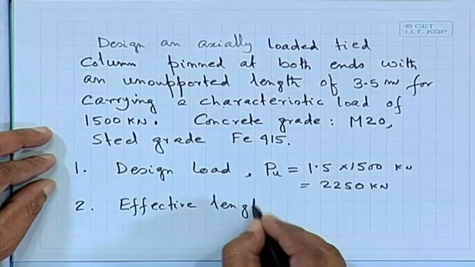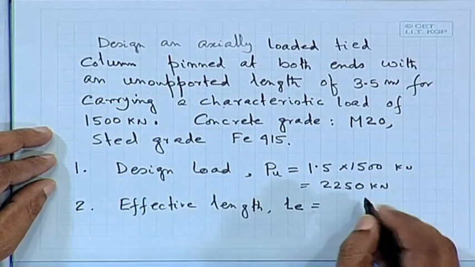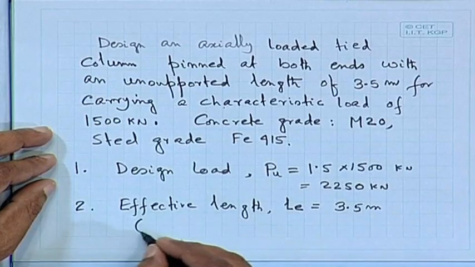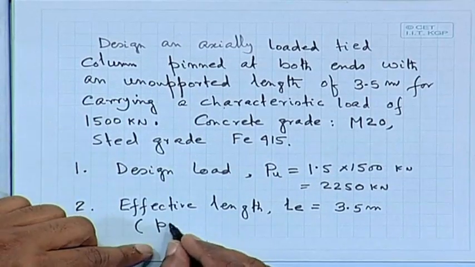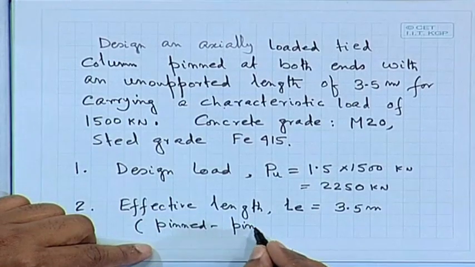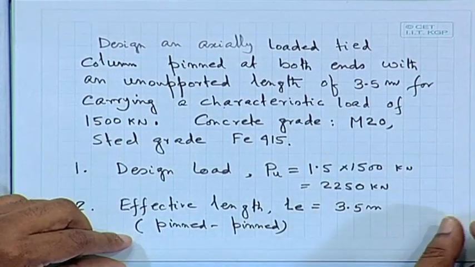What about the effective length? Effective length LE will be equal to the unsupported length, because it is pinned condition. So, for this case we have 3.5 meter.